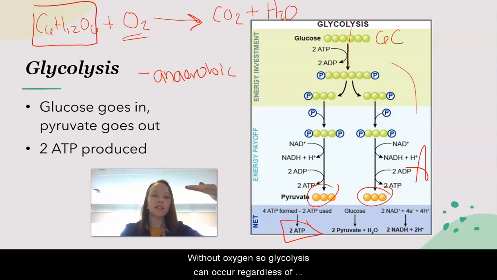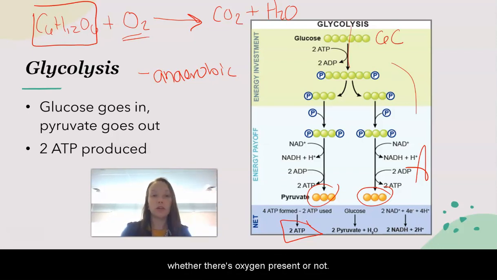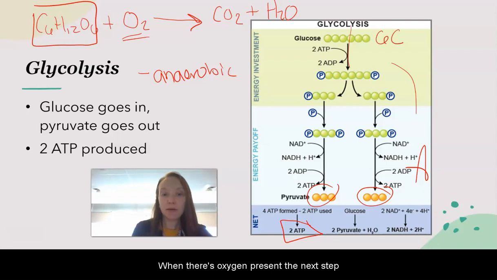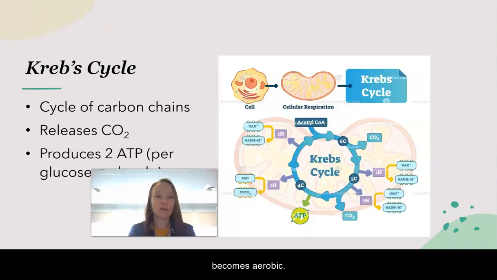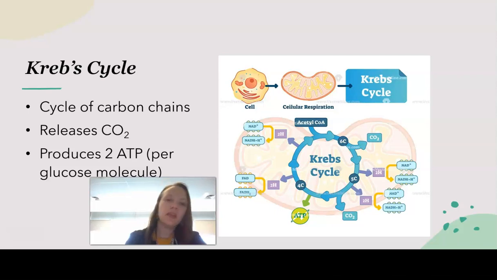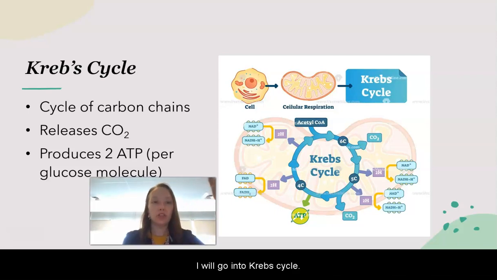So glycolysis can occur regardless of whether there's oxygen present or not. When there's oxygen present, the next step becomes aerobic. And this is the Krebs cycle.